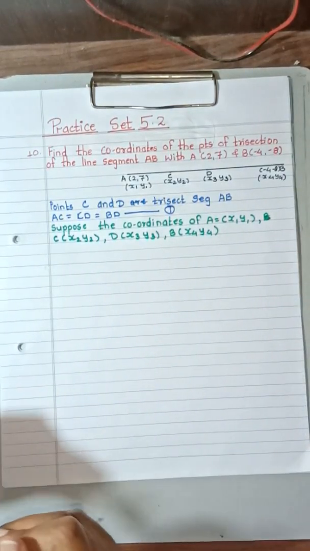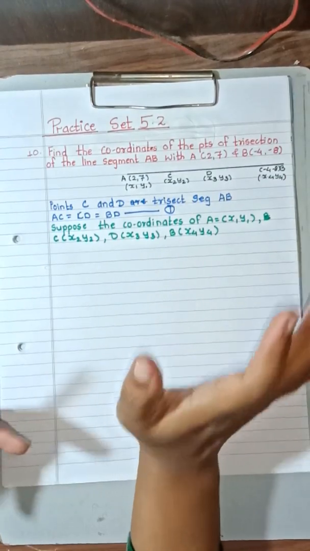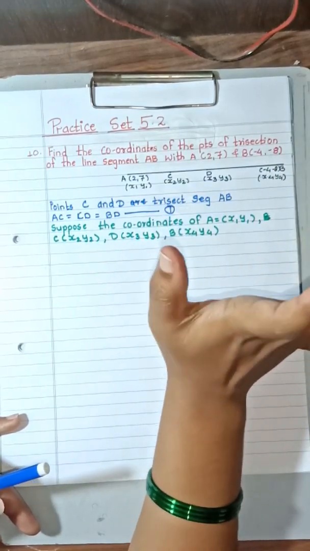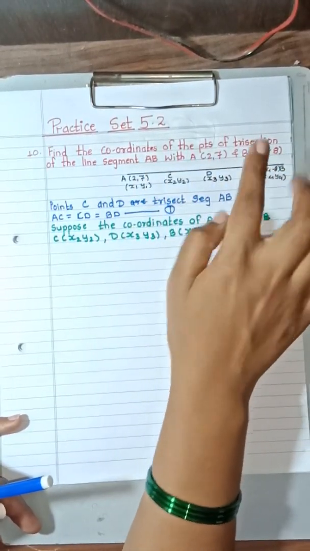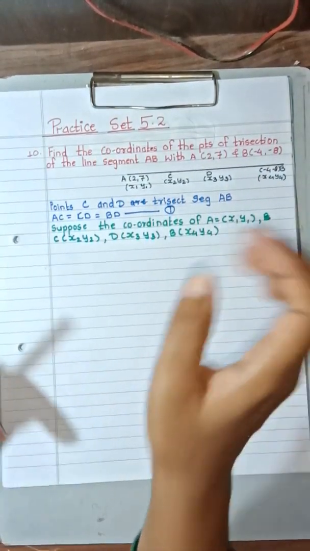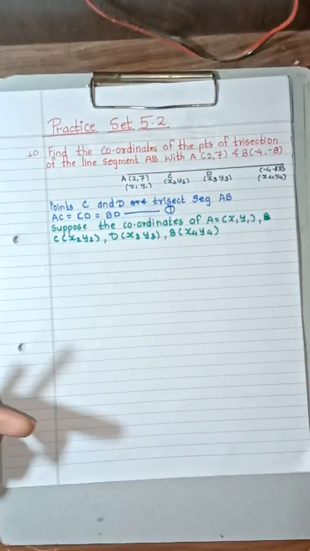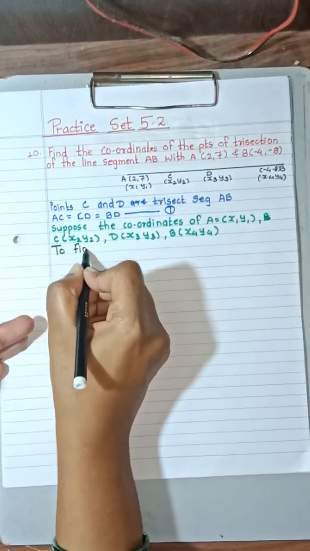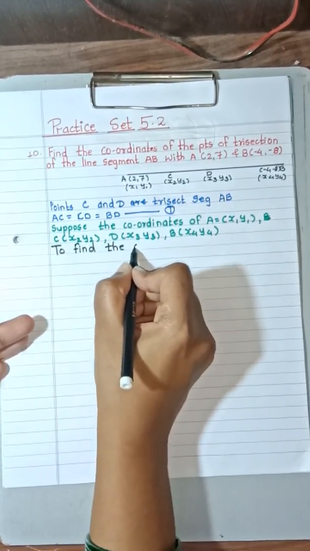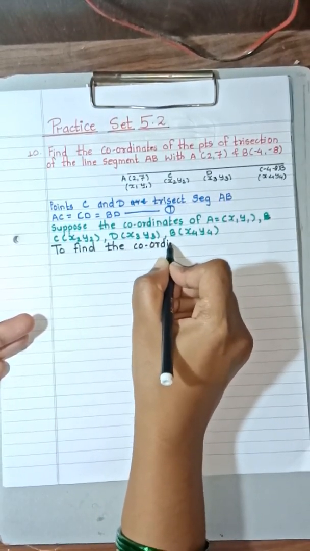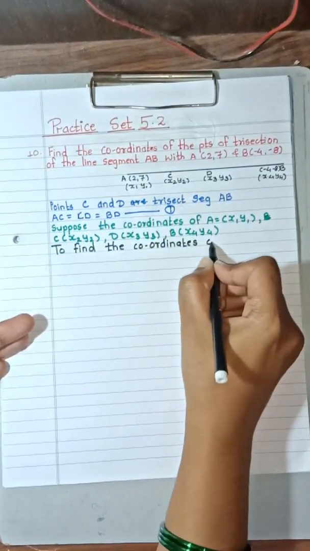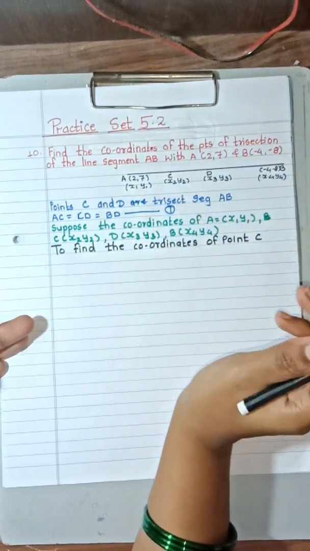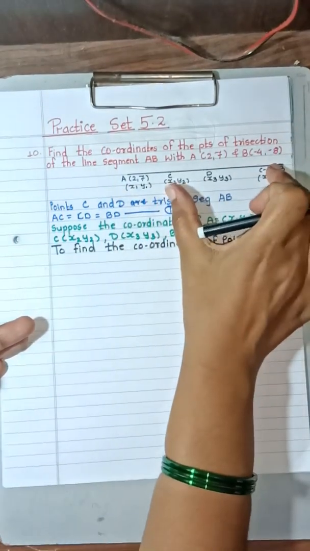Now in order to find the coordinates of point C, first we have to find the ratio of AC to BC. First we find the ratio M is to N, as we do know. So to find the coordinates of point C, first we are considering point C, so we have to consider AC and BC.